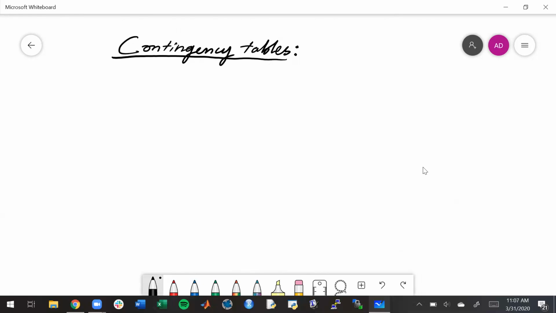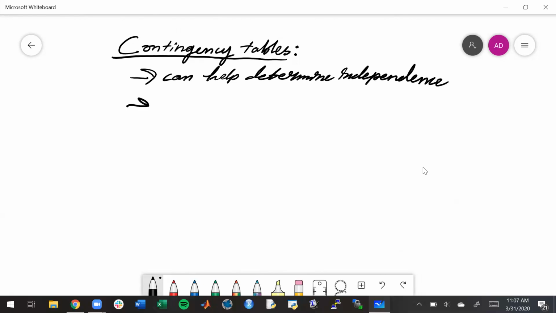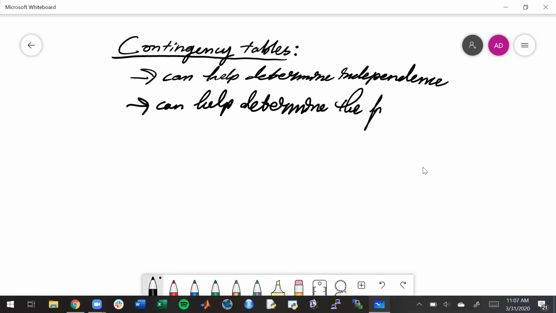I would go so far as to argue that it's heavily used in the biological sciences, and this is because contingency tables can help determine independence and can help determine the fit of a distribution.